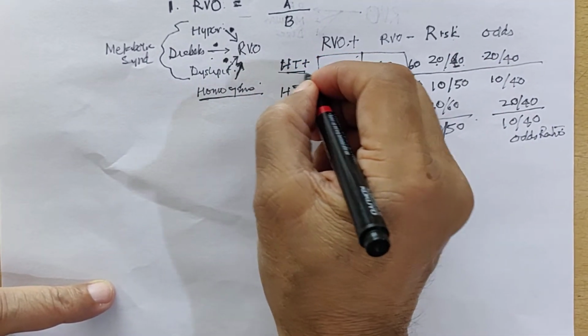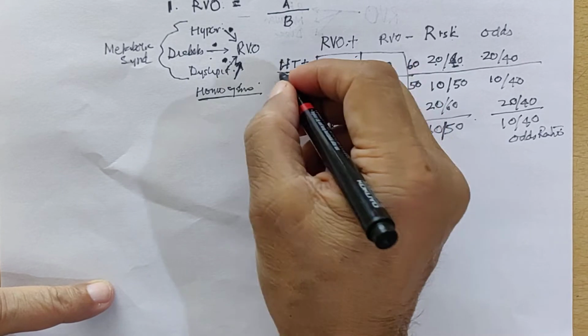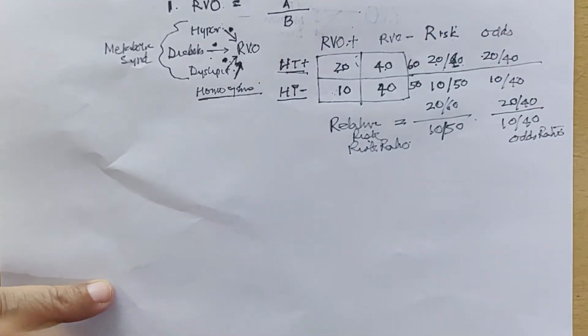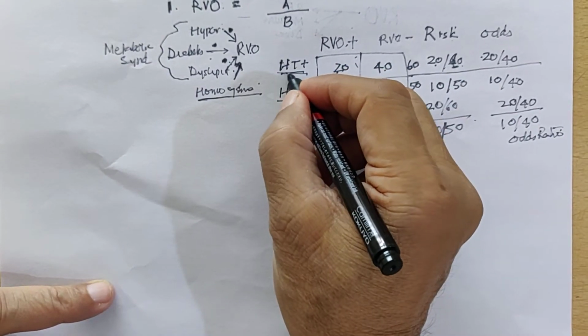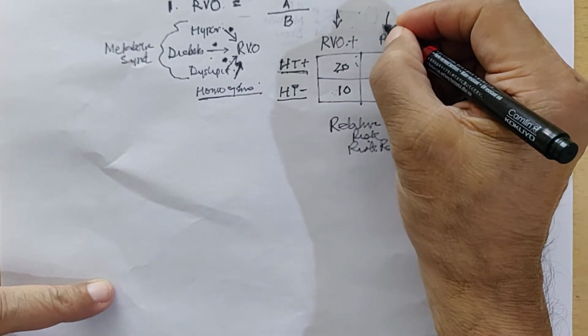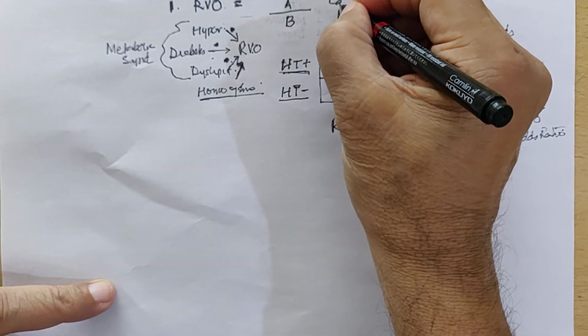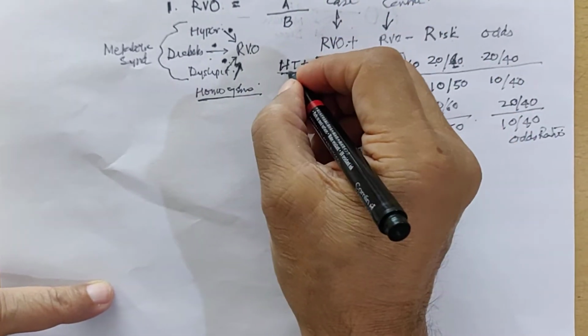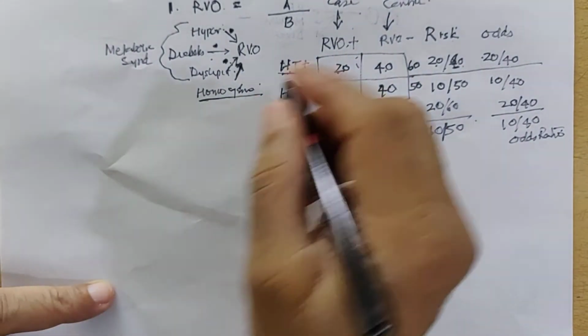One, you take hypertension positive, hypertension negative, follow them up in time and see who developed RVO and who did not develop RVO. But the other way is that you take RVO positive, RVO negative, this is the case and this is the control, and find out who had hypertension and who did not have hypertension.